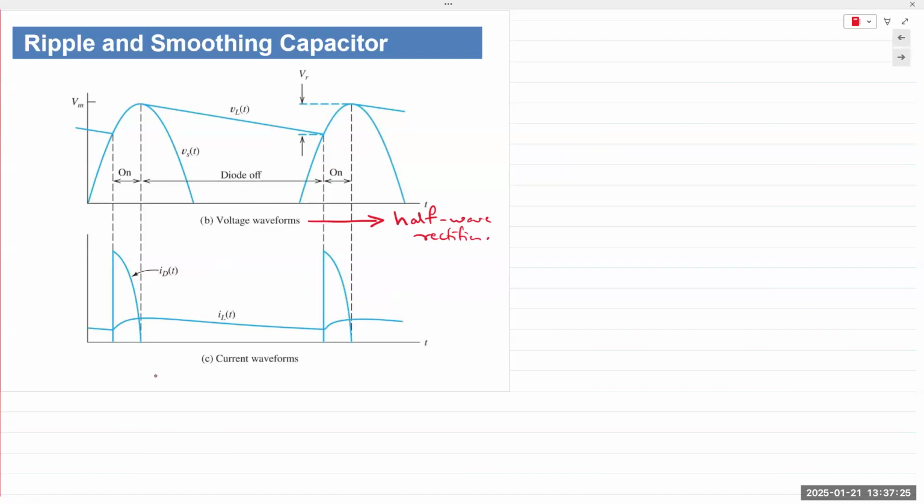If you want to create a DC, we attach a capacitor to the output after the rectifier. So if this is the output from the rectifier, we apply it as input to a filter capacitor, and this is a load resistor RL.